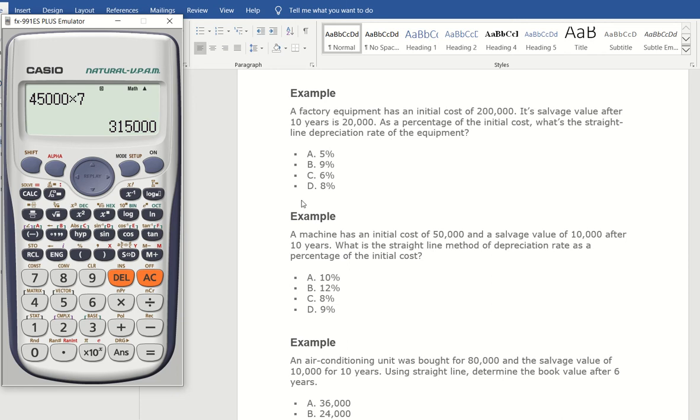So here, let's go back to mode one. The first cost is 200,000 minus the salvage value, which is 20,000. So we have 180,000 and then divided by the number of years. It's gonna be 10 years.